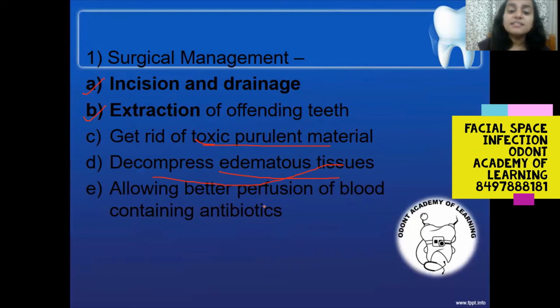And third, most important point is, now that we have removed all this necrotic and microorganism filled pus, the antibiotics that we prescribe would be absorbed better. So what happens is the treatment would be faster, or it will not be very time consuming. Okay, it will be at an optimal level.